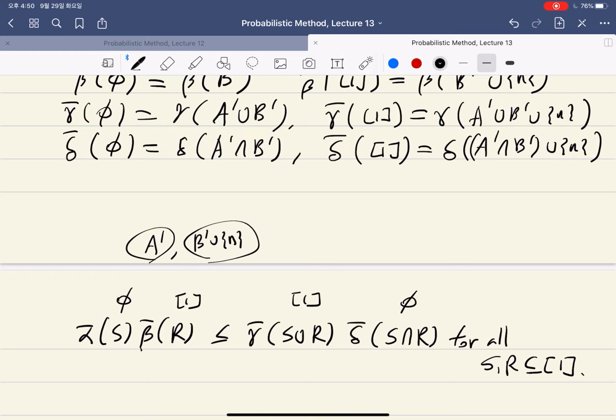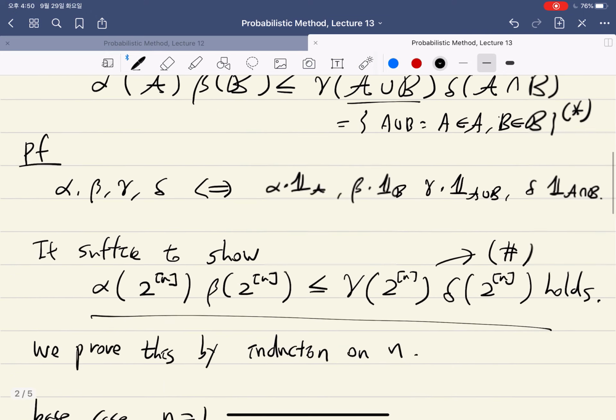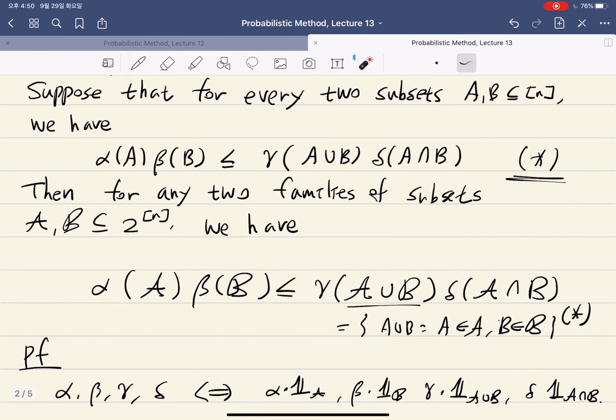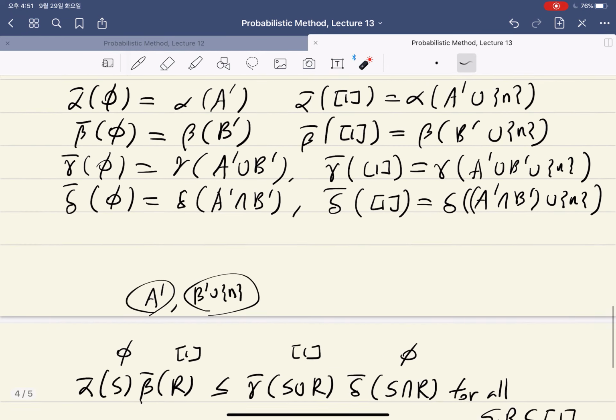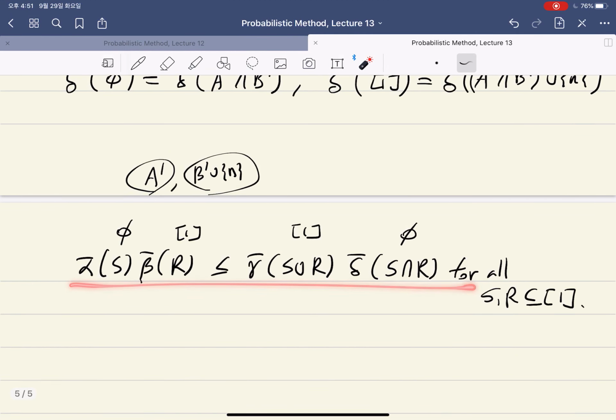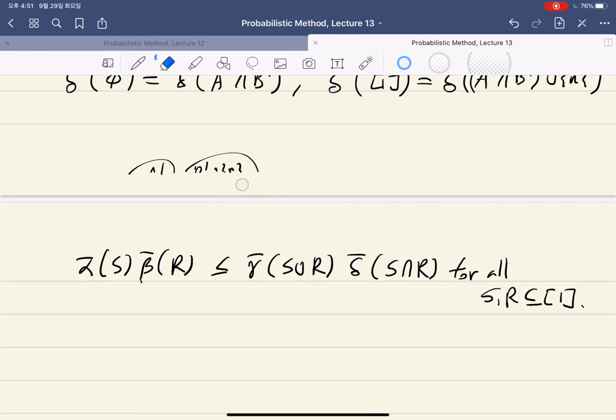You take these two sets and use the given condition for them, then you get this inequality. So you can consider all four cases of S and R, and check that this holds.